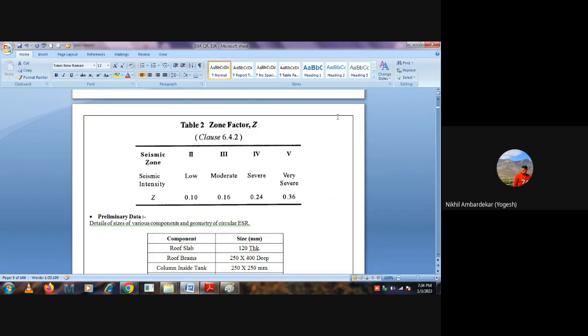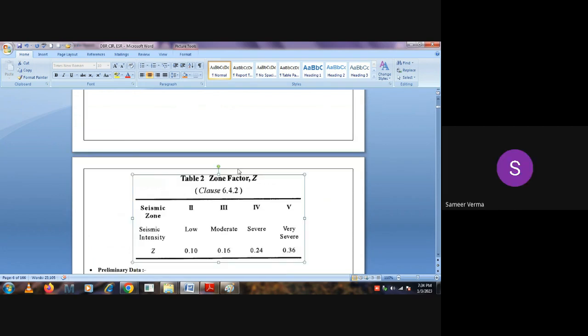So based on that, the Z value will change. Pune comes under moderate seismic intensity. That's why it will be 0.16. And this table is directly copied from the IS table. Okay. Got it? Yes, sir.